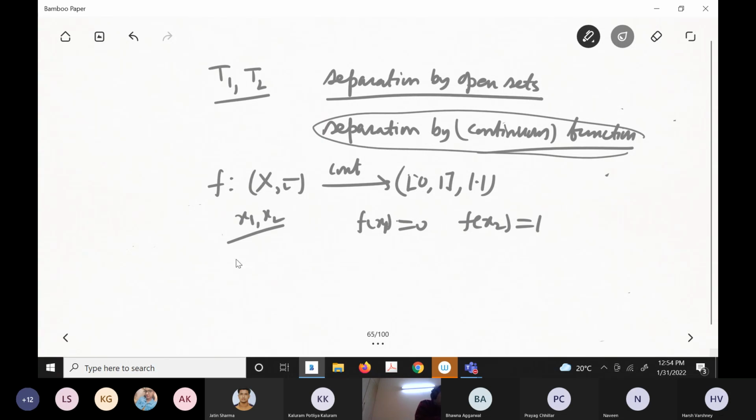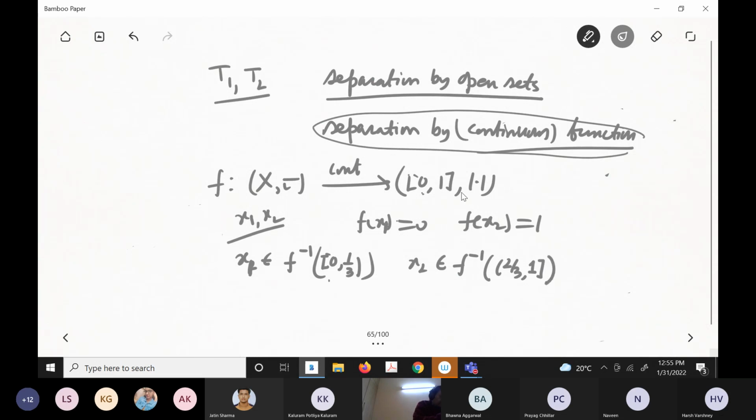Now look, x1 belongs to f inverse of the interval less than 1/3. Though it is a subspace topology, this is open here. And x2 belongs to f inverse of the interval greater than 2/3.